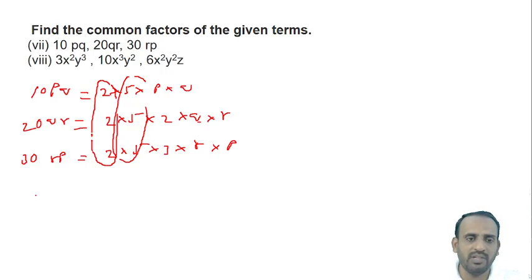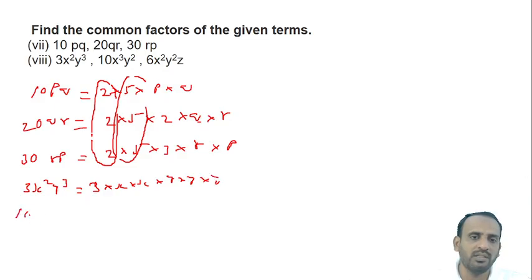Okay. So now next one, 3x square y cube. So we can say 3 into x into x into y into y into y. Okay. Next, 10x cube y square. We can say 2 into 5 into x into x into x into y into y.